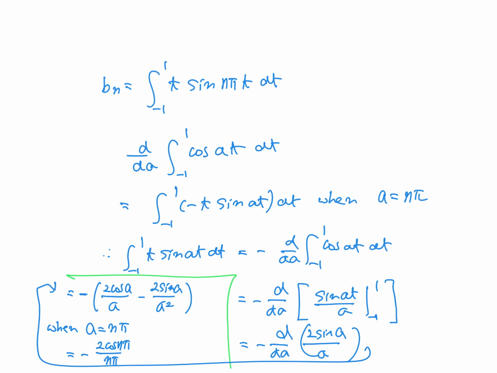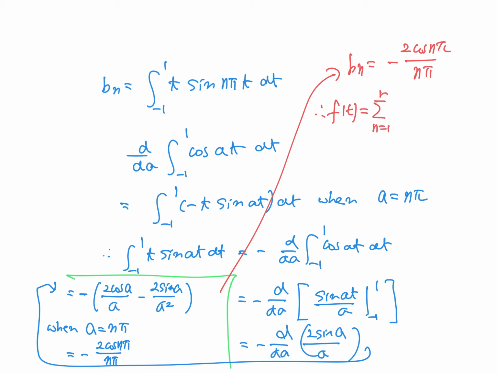So Bn is simply minus 2 cosine n pi over n pi. So f(t) is the sum of minus 2 cosine n pi over n pi times sine n pi t.